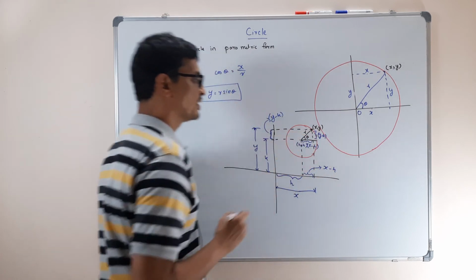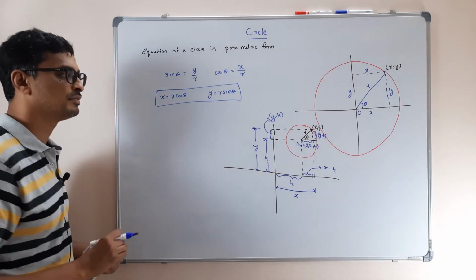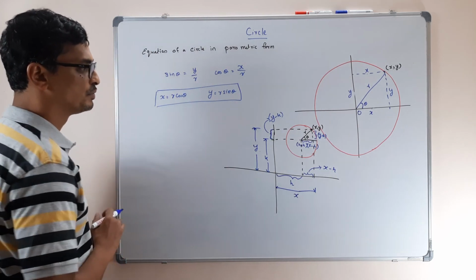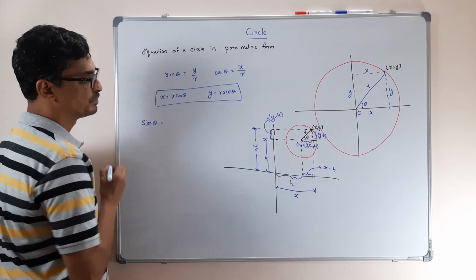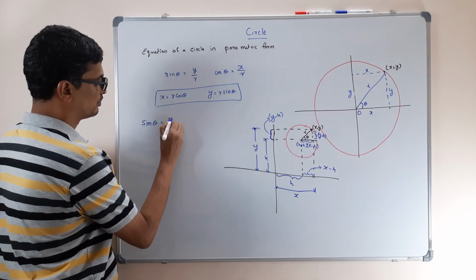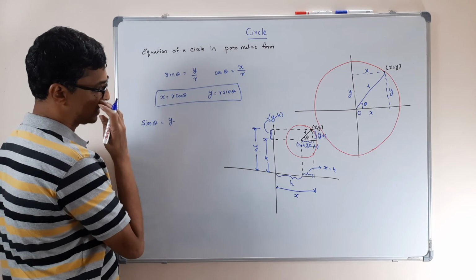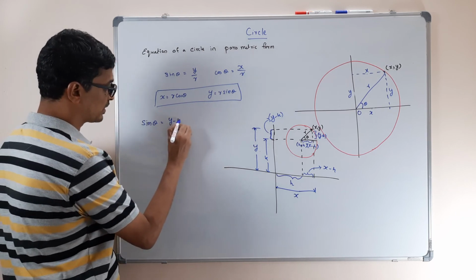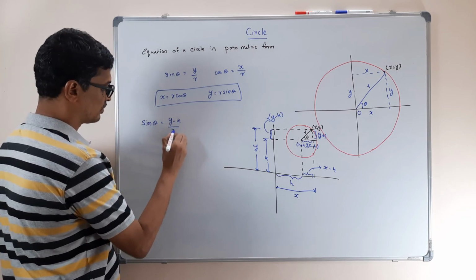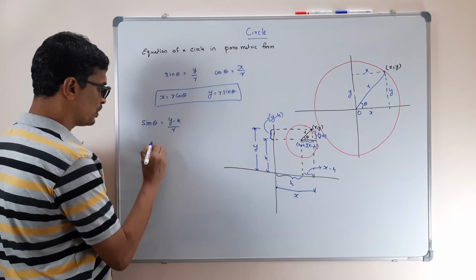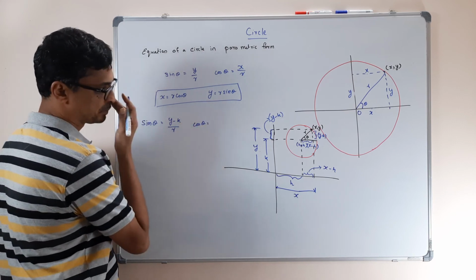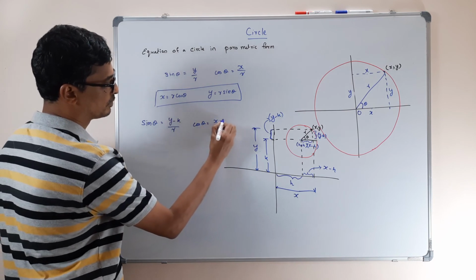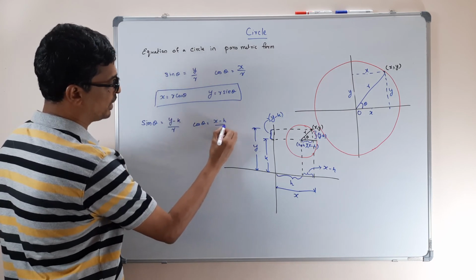Now can you find the sine and cosine of this angle? Tell me, what is sin theta? y minus k divided by r. And cos theta? x minus h divided by r.